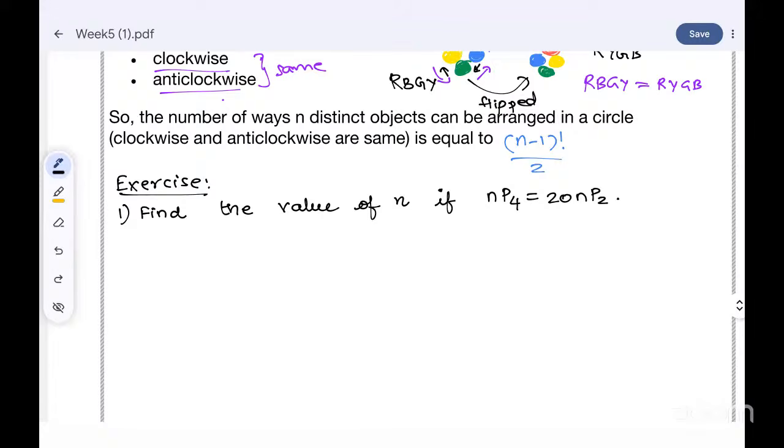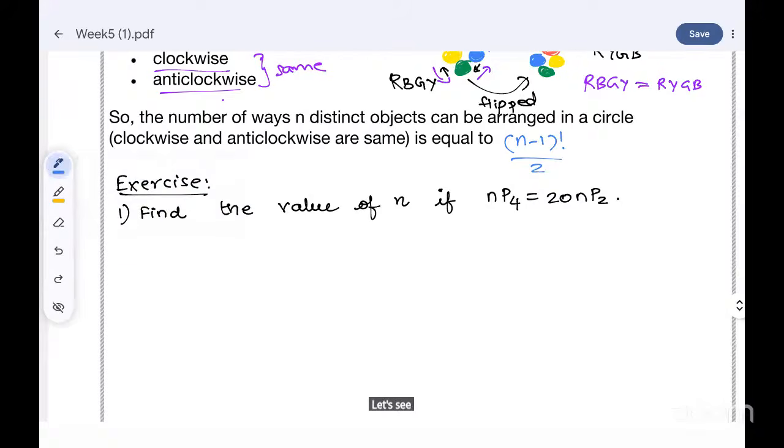Yes, ma'am. N is equal to 7. Okay, fine.